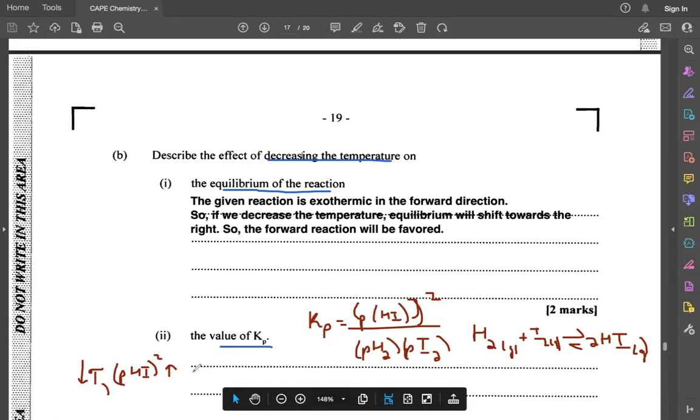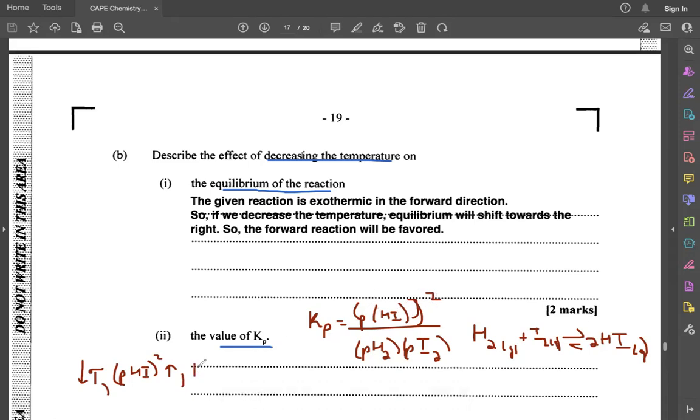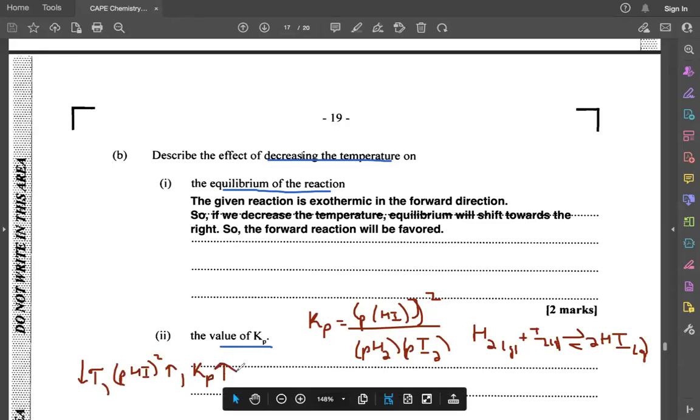And by that same token, because this is in the numerator and it's squared, if this partial pressure is going up, that means our Kp is also going up. So the value of Kp will increase. Okay? So just to recap, we drop the temperature, we favor the forward reaction, which produces a lot of HI.